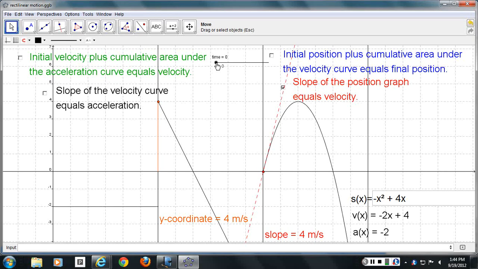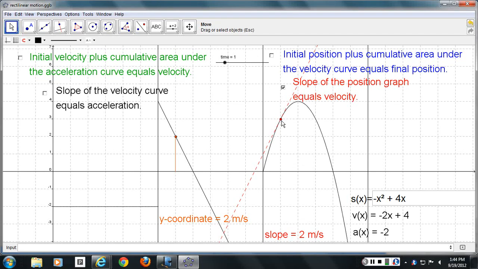After 1 second, the particle has reached a point where it's 3 units on the positive side of the origin. So what's going to be more comfortable? If we think of the particle as moving to the right and to the left, or if we think of the particle as moving up and down? What's more natural? Up and down. Well, visually on the graph it's moving up and down, so maybe that's better.